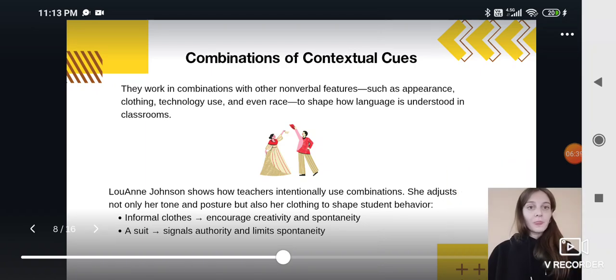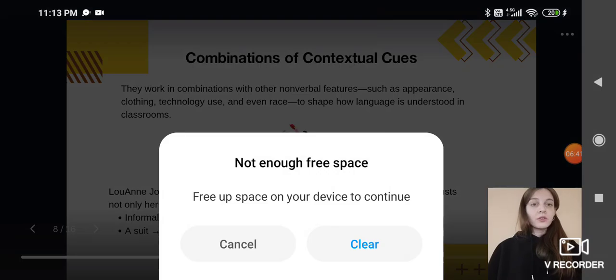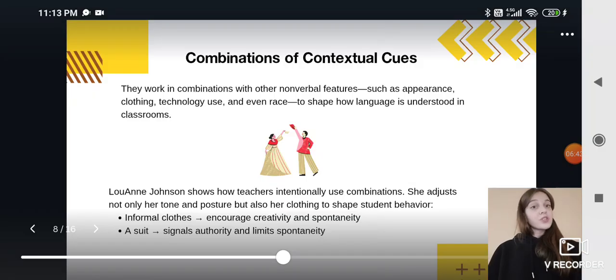Luann Johnson shows how teachers intentionally use combinations. She adjusts not only her tone and posture but also her clothing to shape student behavior. For example, informal clothes encourage creativity and spontaneity, while a suit, as formal clothing, signals authority and limits spontaneity.